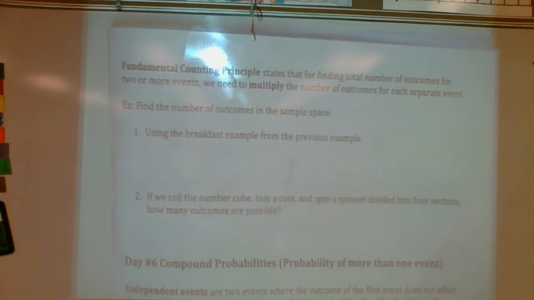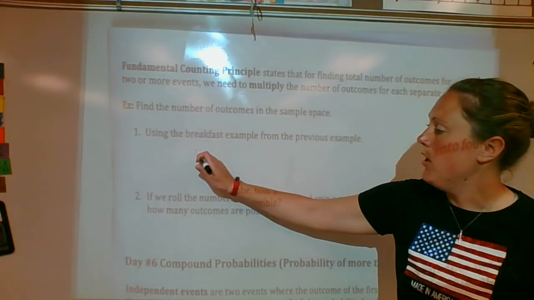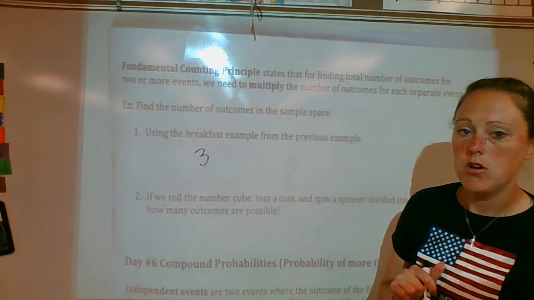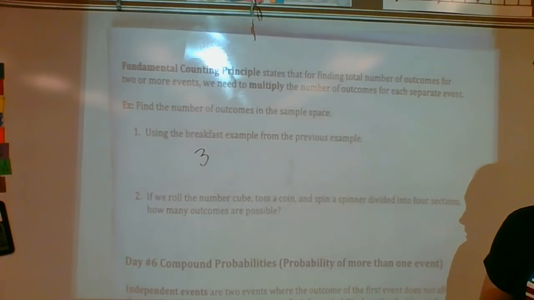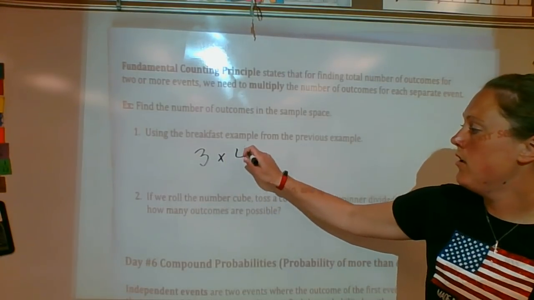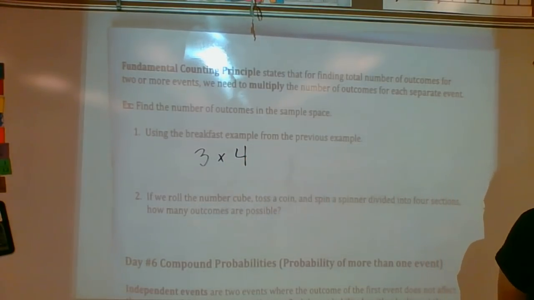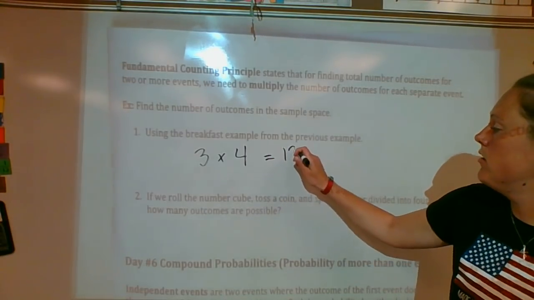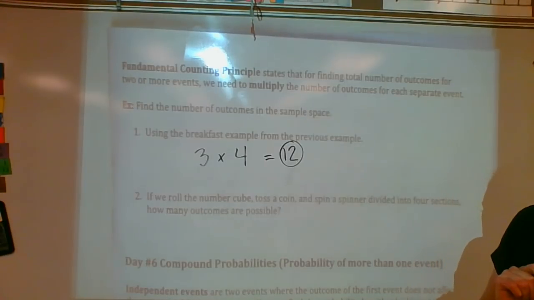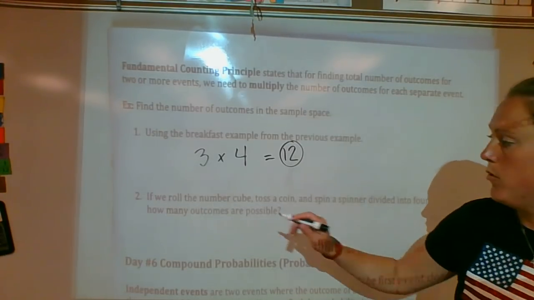So my breakfast example gave me 3 options: oatmeal, cornflakes, scrambled eggs. I was multiplying that by 4 choices of juice. So 3 times 4 left me with 12 outcomes. If you're going to figure out where that came from, go ahead and label it.